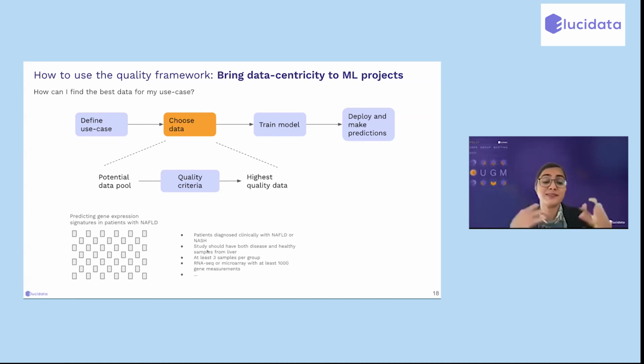These are not exhaustive, but you should think about the intrinsic quality of the data that you want to send into your model. For example, I only want to include data from patients that have been clinically diagnosed with either non-alcoholic fatty liver disease or steatohepatitis. I only want studies that measure both disease and healthy samples from liver.